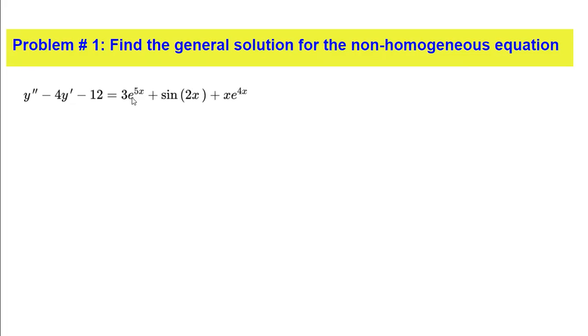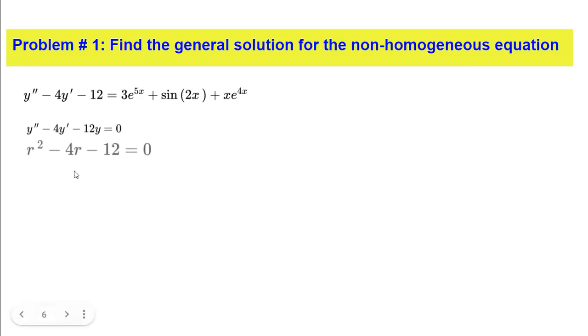So therefore, we'll firstly equate y prime prime minus 4y prime minus 12y to be equal to 0, making this equation homogeneous. Thereafter, we have to rewrite this equation in the characteristic form. The characteristic equation here is r squared minus 4r minus 12 equal to 0.